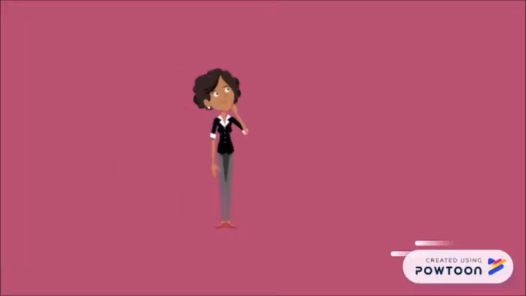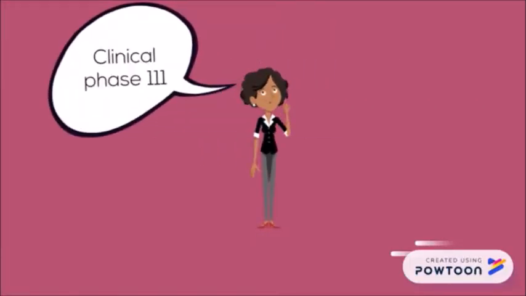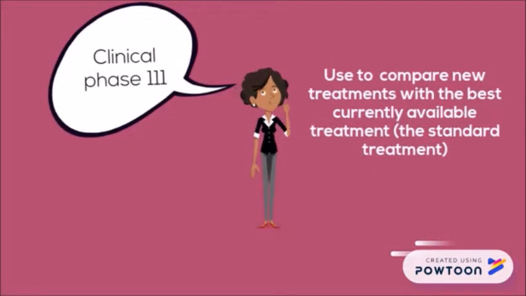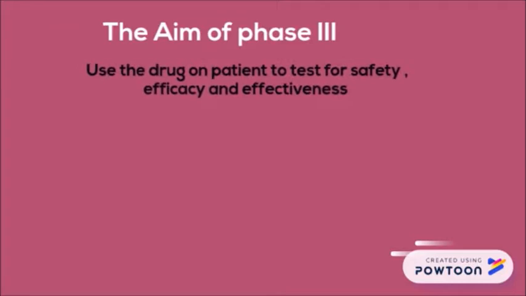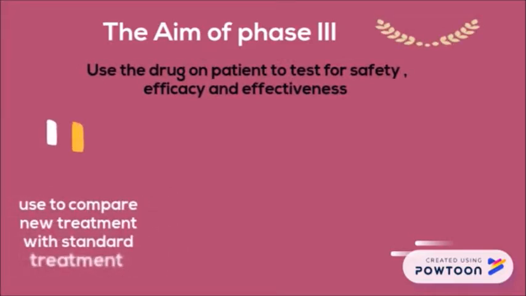After clinical phase 2, we will proceed with clinical phase 3, which is to compare new treatments with the best currently available treatment, which is the standard treatment. The aim of phase 3 is to confirm the safety and efficacy of the drug used on patients.